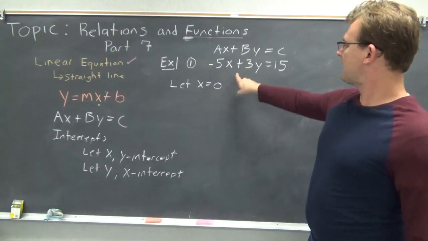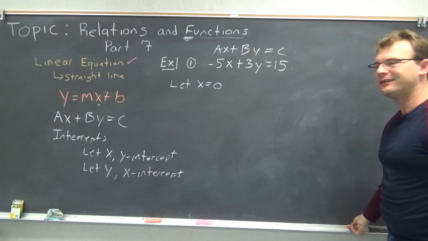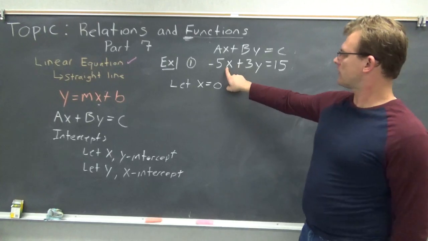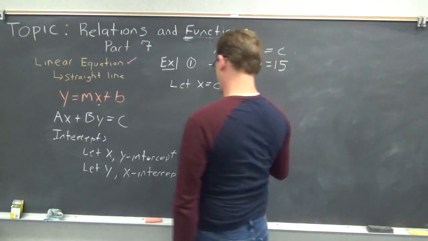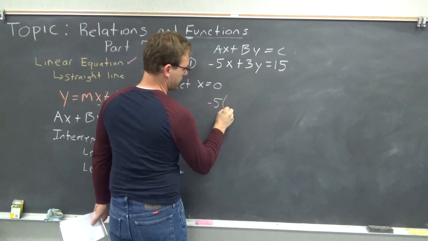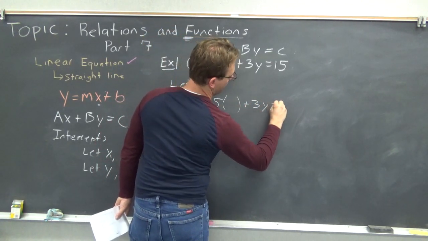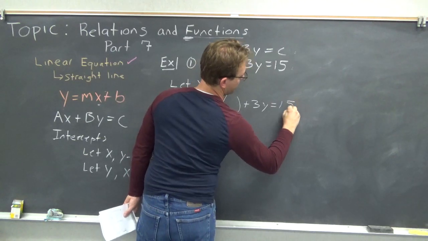If we let x be 0 for our equation, you're going to do this: -5 parentheses plus 3y equals 15.